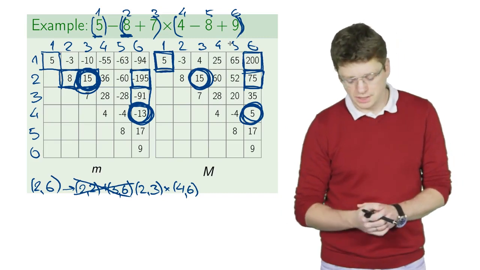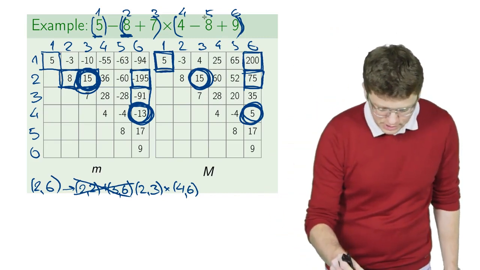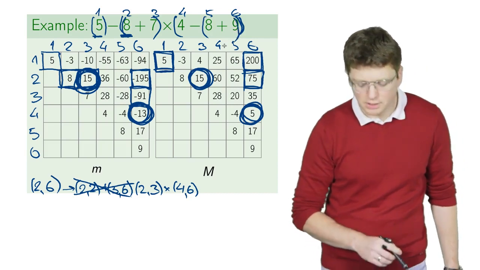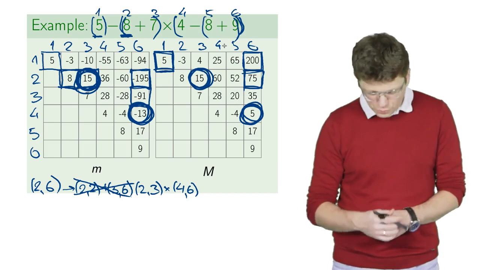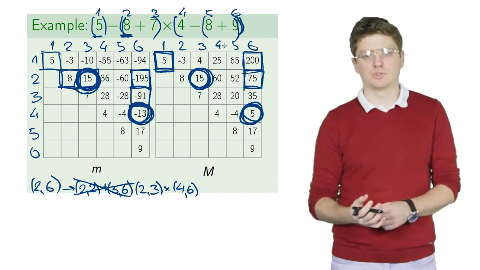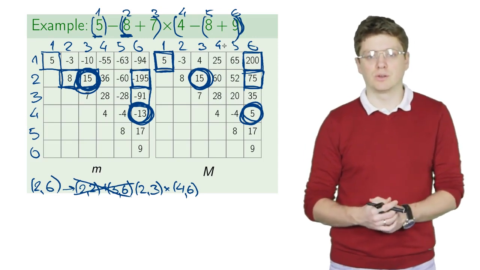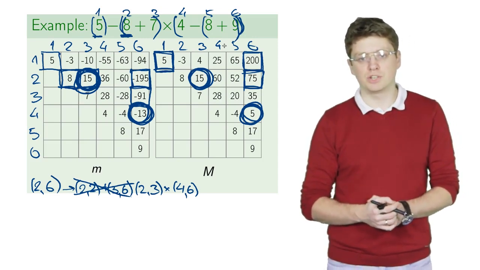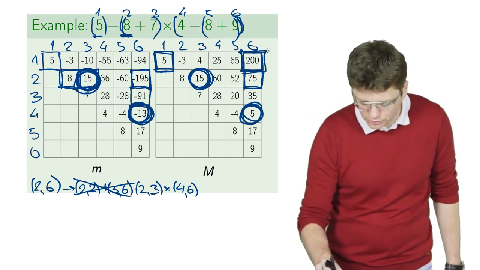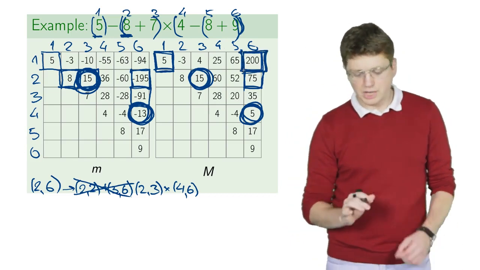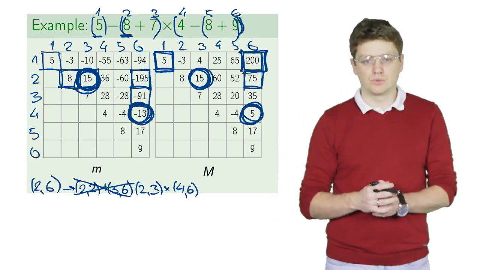We first compute the sum of 8 and 9, and then subtract it from 4, right? So this way, we reconstructed the whole solution, I mean, an optimal parenthesizing or an optimal ordering of our arithmetic operations, leading to this maximal value 200.